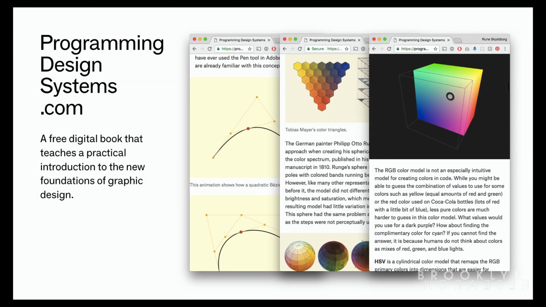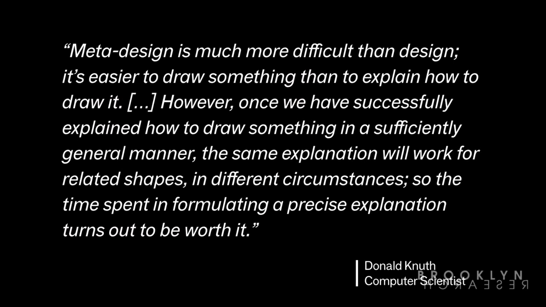And the one thing that I always tell my students is basically the same thing we're talking about here. One term I like to talk about is the transition from design to meta design. There's a quote here by the American computer scientist Donald Knuth that says, meta design is much more difficult than design. It's easier to draw something than to explain how to draw it.